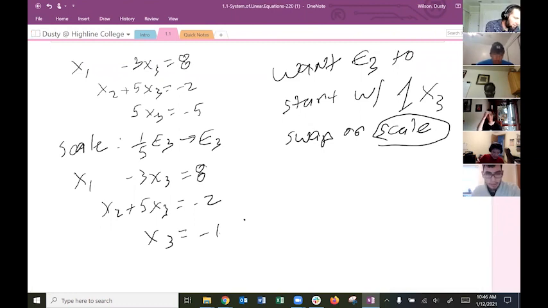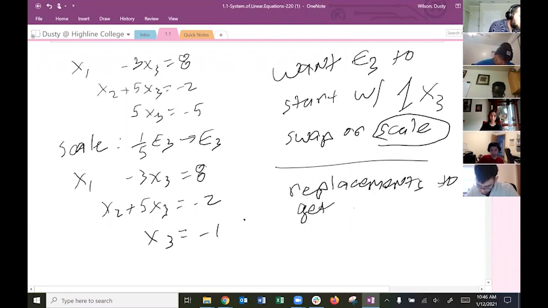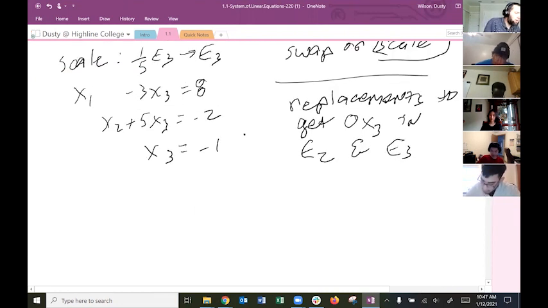Whew. Sadly, we're not quite done. We got to do 2 more replacements because we've got to get zeros, zero x3 in E2 and E1. So how do we accomplish that?